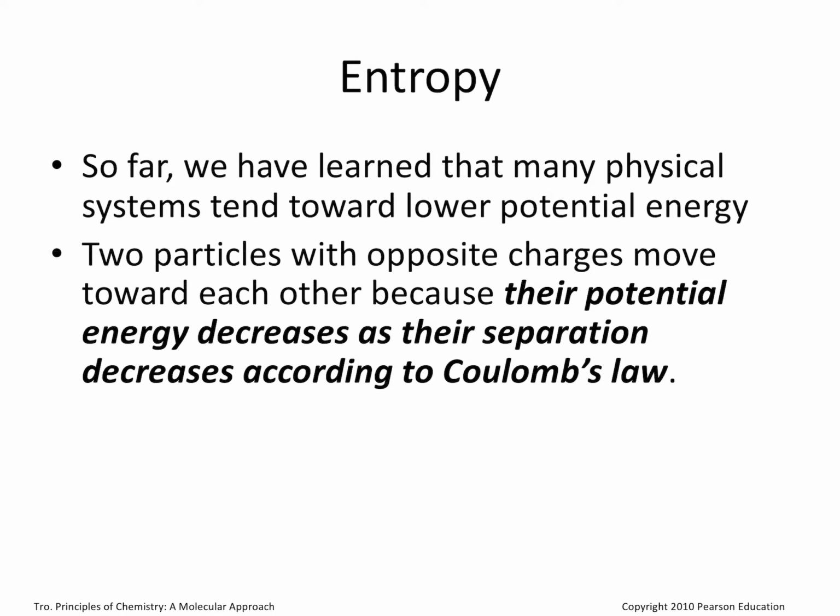If you have two particles with opposite charges, like a proton and an electron, or a cation and an anion, like we've learned in the previous chapters, if they move towards each other, they're happier because they lower their potential energy. So they go towards mixing, the proton and the electron, or the cation and the anion, because as they come together, they lower their potential energy. This is what we've learned through Coulomb's law.